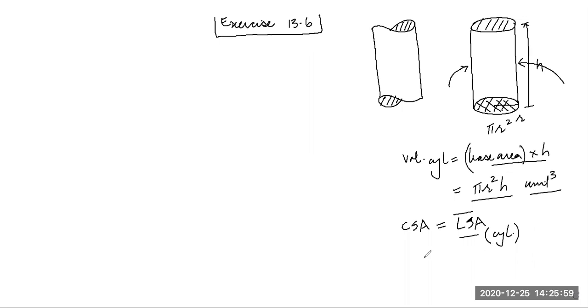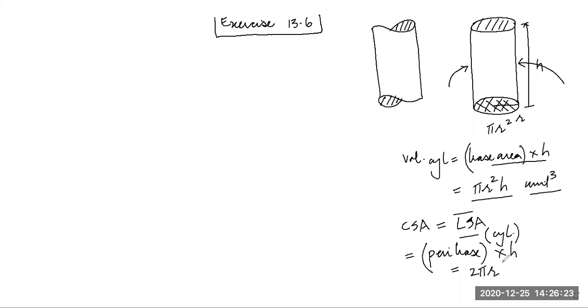So the standard formula for calculating lateral surface area is perimeter of base into height. So what is the perimeter of the base, Falgun? Pi r square? You are wrong. Pi r square is the area of the base. Yes, Manrose? 2 pi r. 2 pi r is the perimeter of the base.